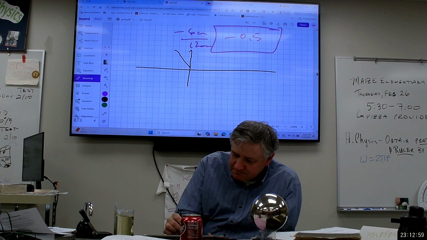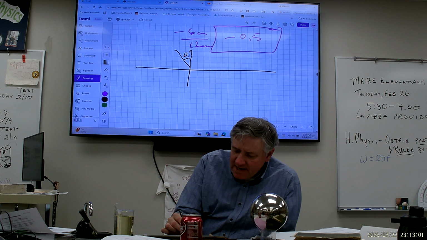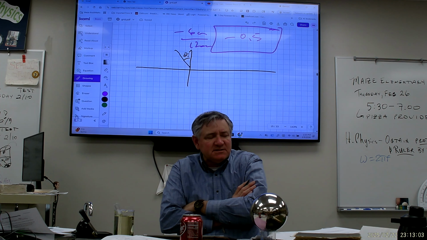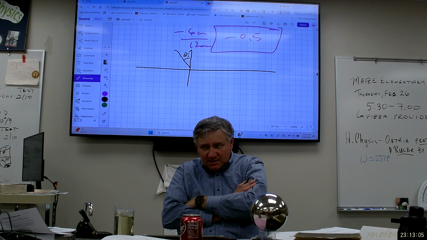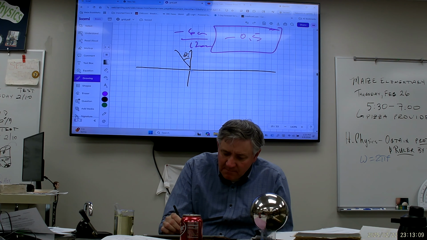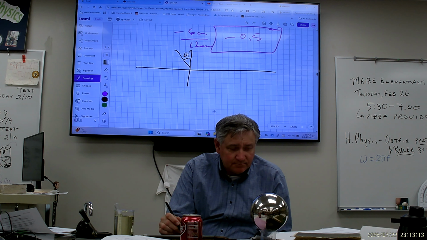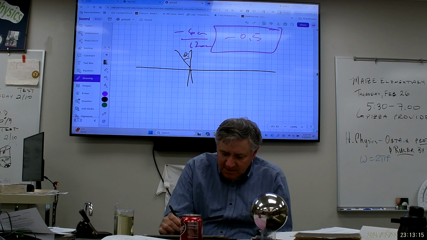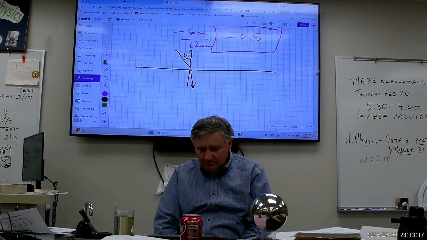So there's that angle. Right away, what's this thing going to do when it encounters the glass? It's going to slow down and bend toward the normal. Something like this, right?